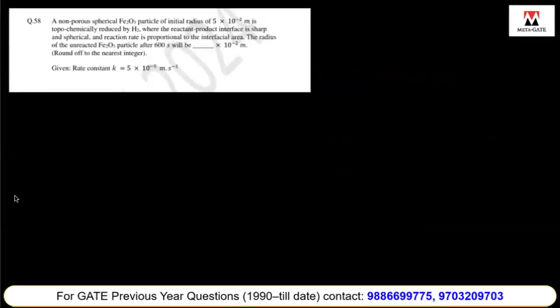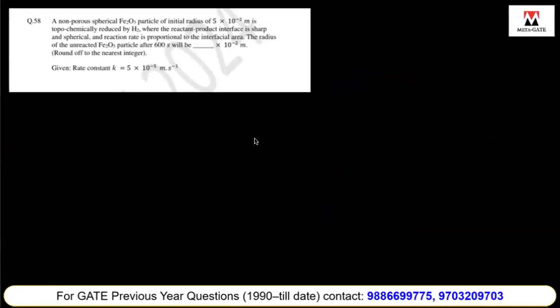A non-porous spherical Fe2O3 particle of initial radius 5 into 10 power minus 2 meters is topochemically reduced by H2, where the reactant-product interface is sharp and spherical.